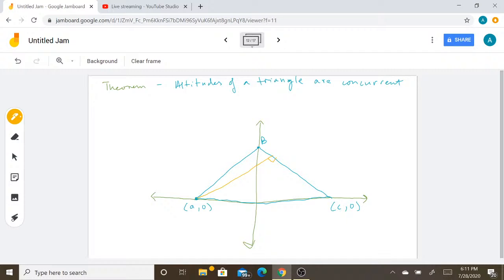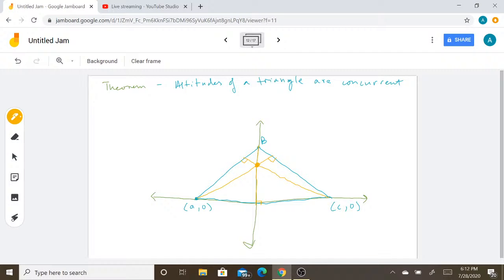The altitude from C, 0 would stretch to AB and create a right angle. And then vertex B would have an altitude coming down here, creating a right angle at the origin. And what this theorem says is that the altitudes of a triangle are concurrent, meaning that they meet at one point. And you can see in this diagram that they do meet at one point. And that's basically what this theorem is trying to say.